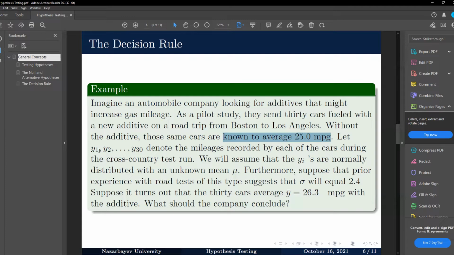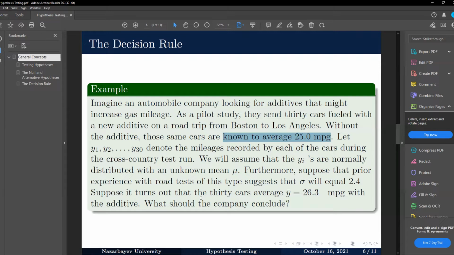So this is our sample of size 30. We assume that the yi's are normally distributed with an unknown mean mu. Furthermore, suppose that prior experience with road tests of this type suggests that the standard deviation sigma will be equal to 2.4.